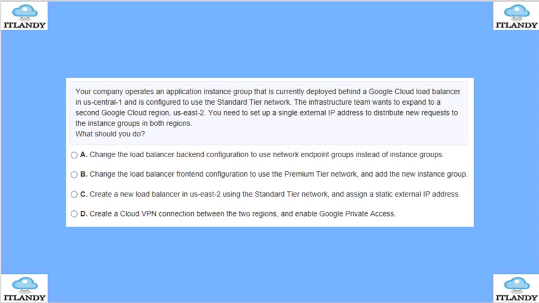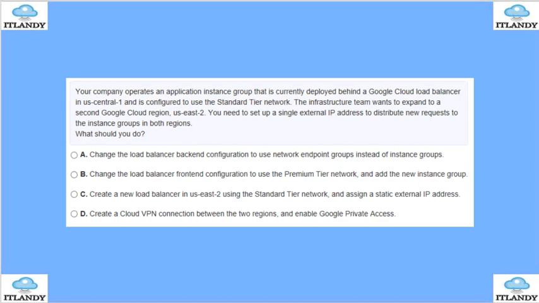This one is reasonably acceptable, but the best answer, in my opinion, since we've got the Standard network, is A. Why A? Because the load balancer backend is using a different endpoint. What we need to do is just change it to use a group.